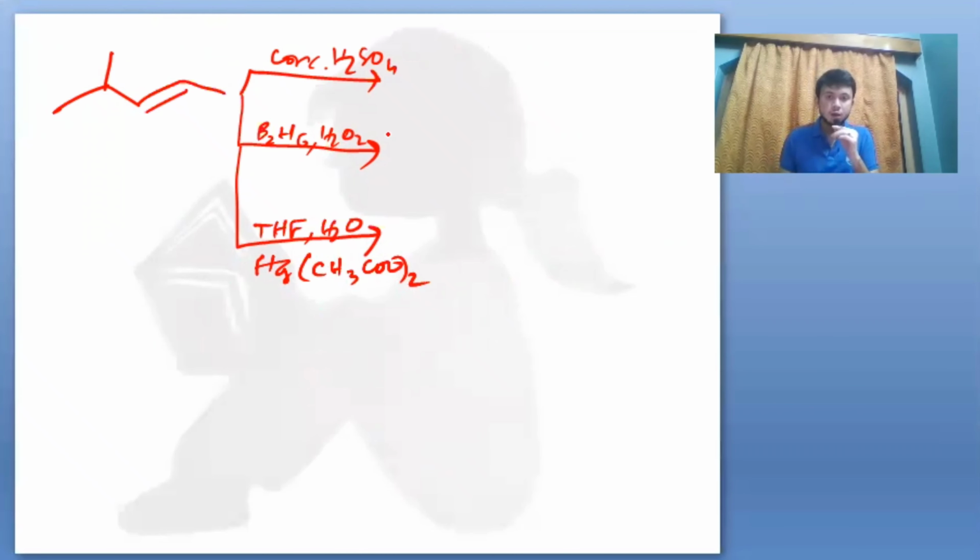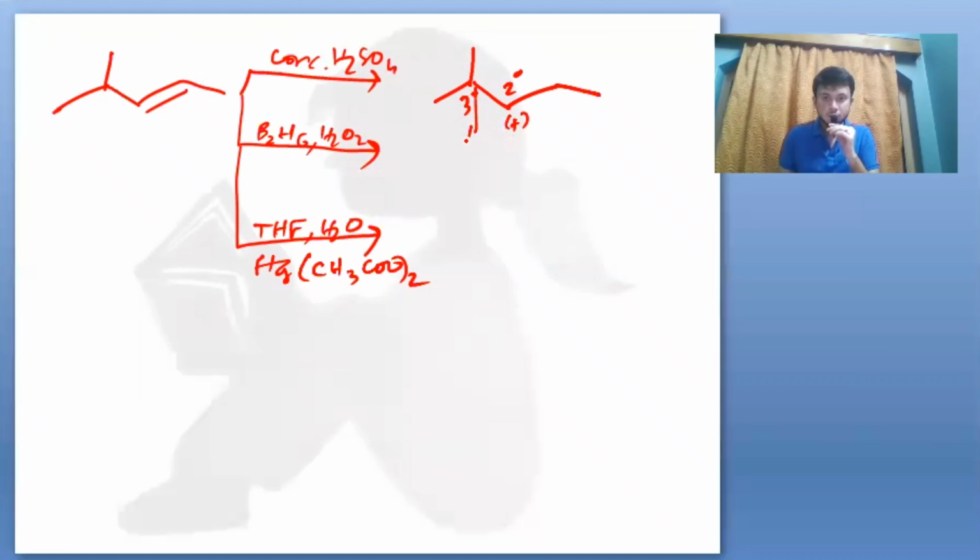Now as you can see, these three reactions give alcohol, but there is a certain trick here. When the double bond is opened, the plus sign will come here, but as you can see, this is a 3 degree carbon atom and this is a 2 degree carbon atom, so hydrogen shifting will happen here, and that's how a 3 degree carbocation will be formed.